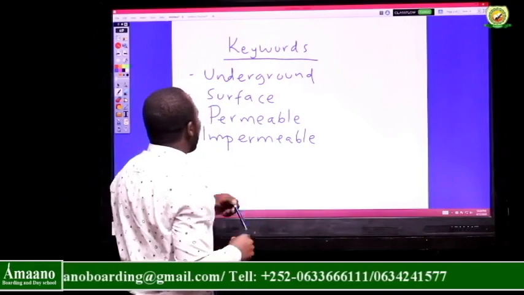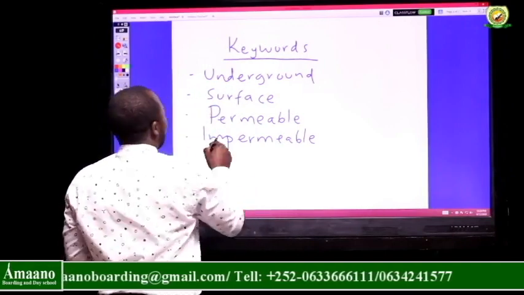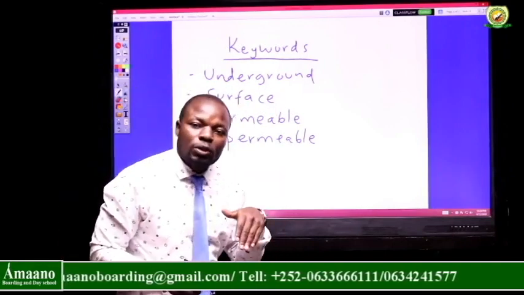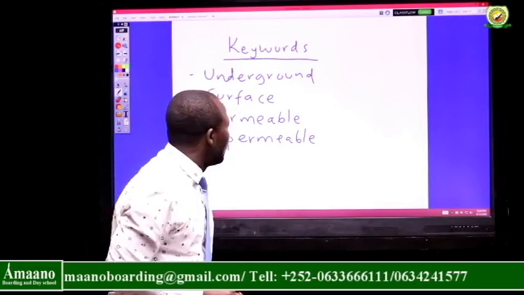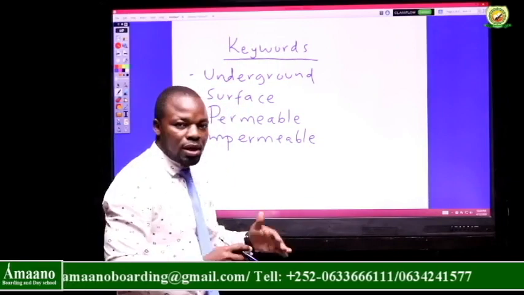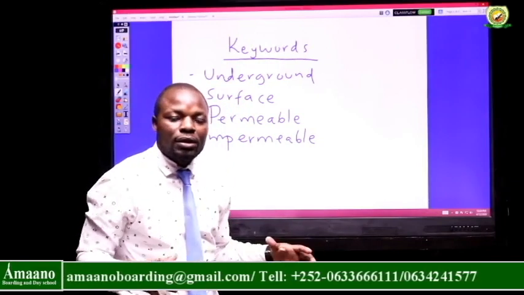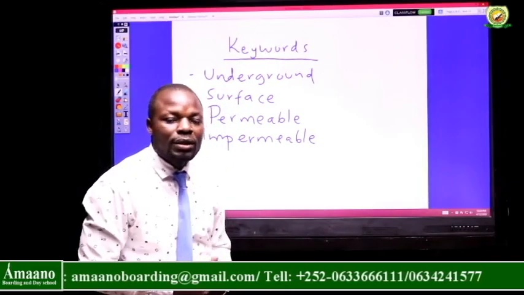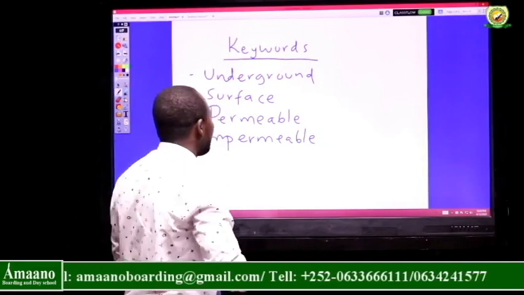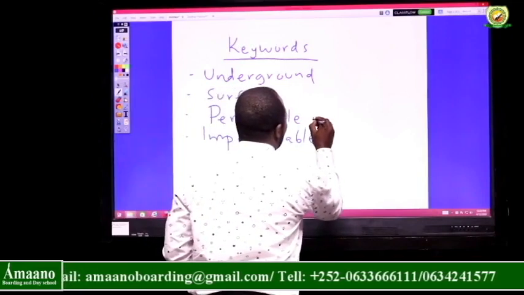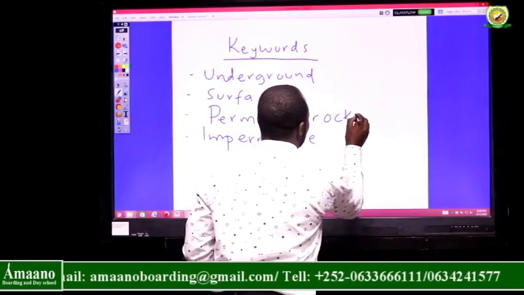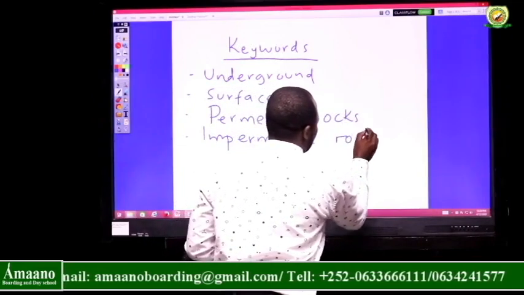Underground water is water that's found under the ground, below the Earth's surface. We shall also look at surface water, water found on the surface, which was even taught in previous classes. We shall also be looking at permeable rocks and impermeable rocks.